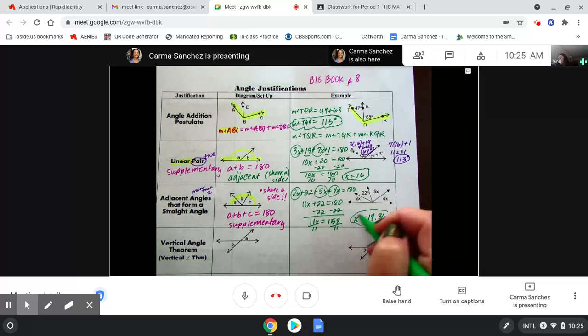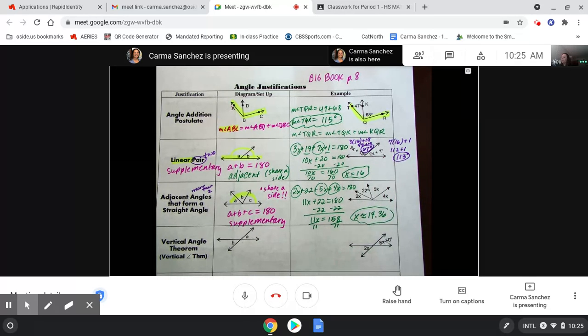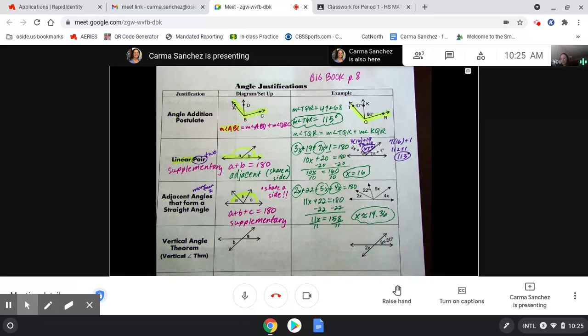Now, this right here is my x value, but if I wanted the angle measures, I would have to take an additional step. Here, I need to multiply by 4 in order to get that angle measure.